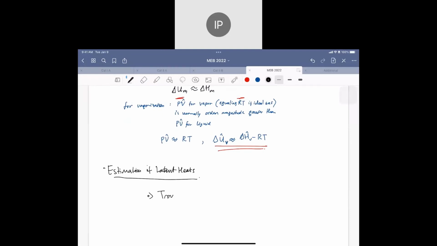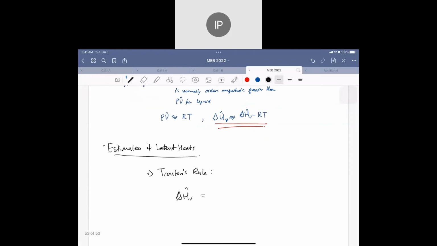We could have Trouton's rule. This will be 0.088 TB, with TB in Kelvin, the boiling point. This is for non-polar liquids.